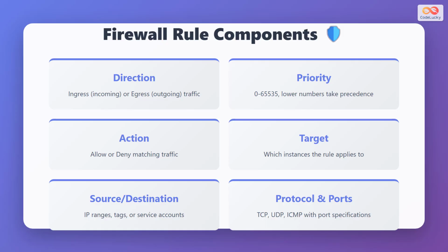Fourth is target, which defines which instances the rule applies to. Fifth is source or destination, depending on the direction, which can be specified as IP ranges, tags, or service accounts. Finally, there's protocol and ports, where you specify the network protocol like TCP, UDP, or ICMP, along with specific port numbers for more granular control.